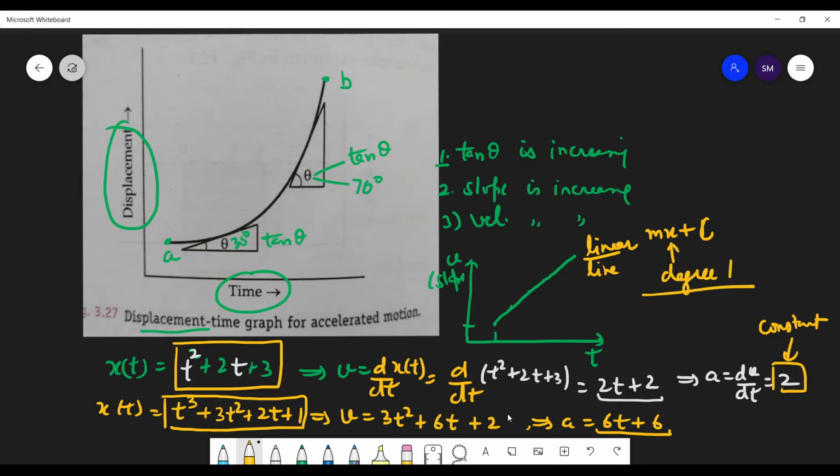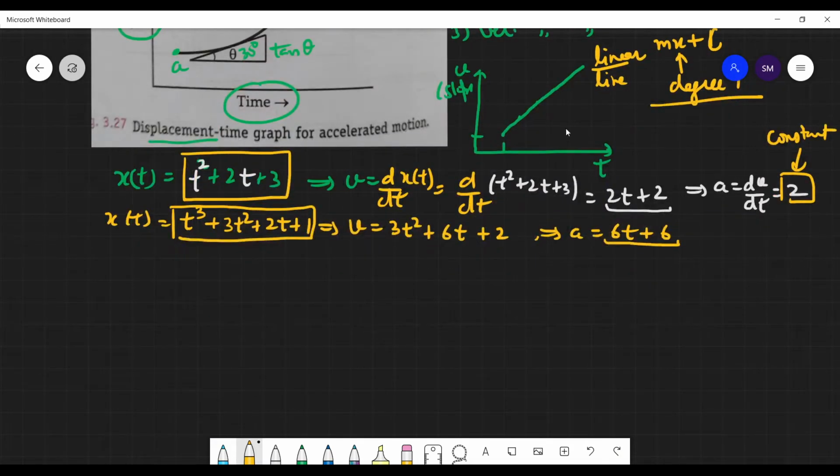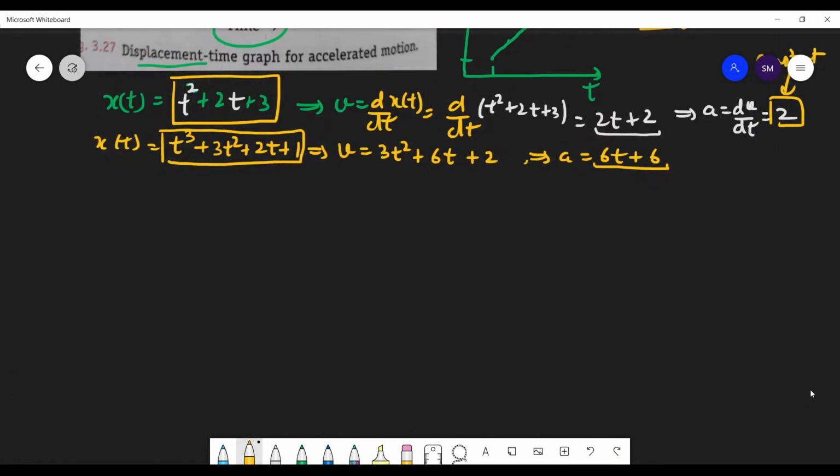If you draw the graphs of these situations, this is case 1, this is case 2. Let me start drawing the graph of this. The graph of x square will be like this.